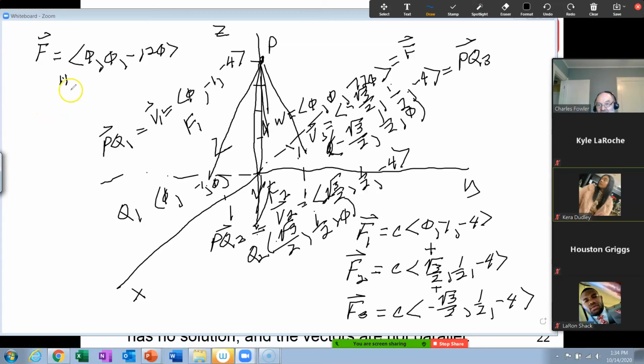And then, if that is indeed true, you have minus, this is driving me nuts. Okay, minus 4, let's just do the third component because these add to 0.